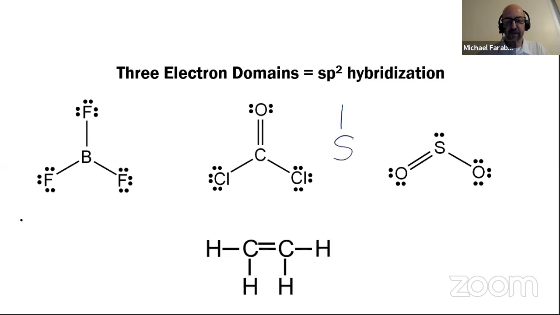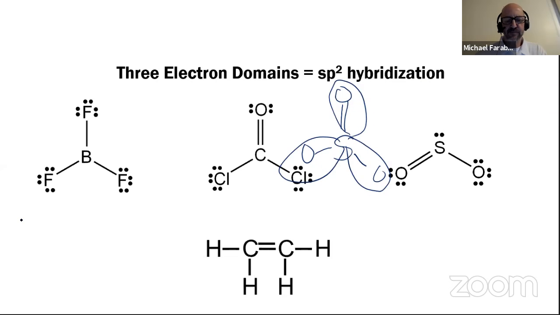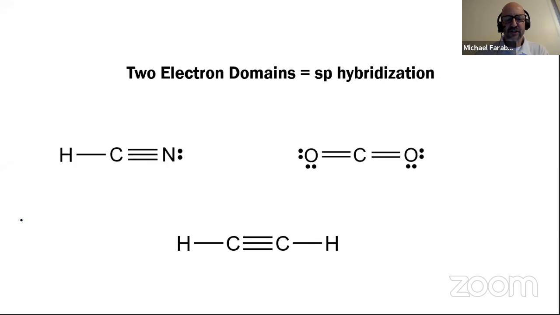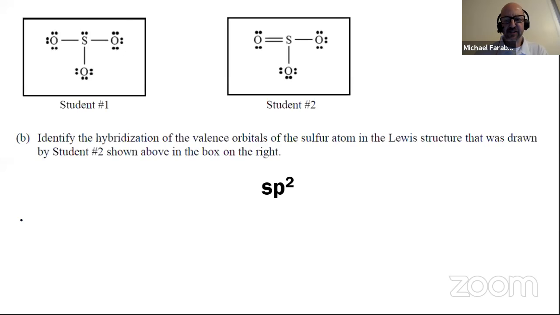We have sulfur with 3 oxygens. And even though 1 is a double bond, we don't count that as an extra electron domain. So we have 1, 2, 3 electron domains, that's sp2. If there were only 2 electron domains, it would be sp. So a lot of students said sp2. If they got it wrong, most likely the wrong answer was sp3.